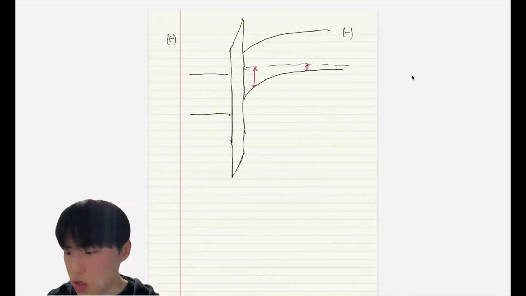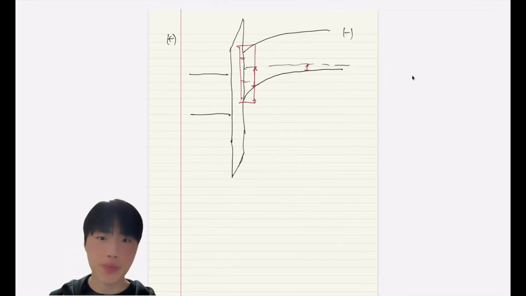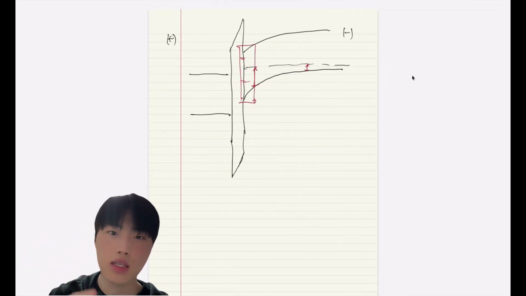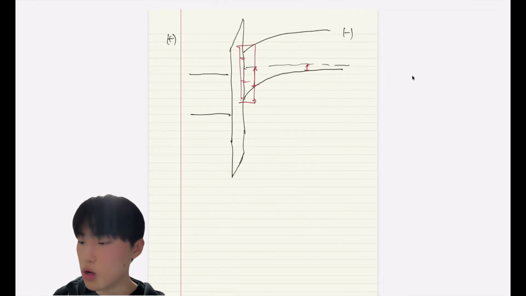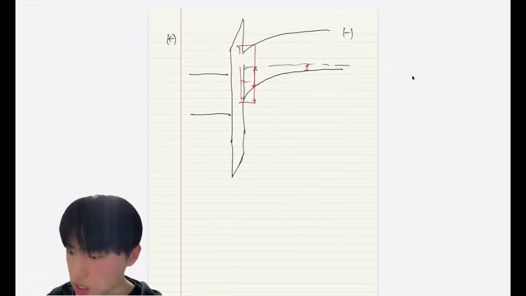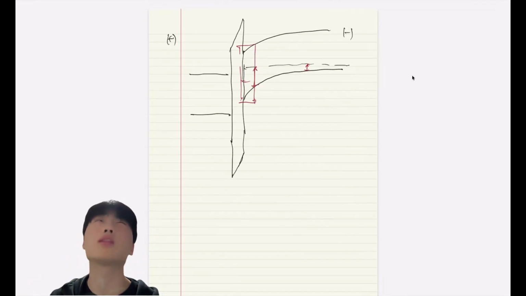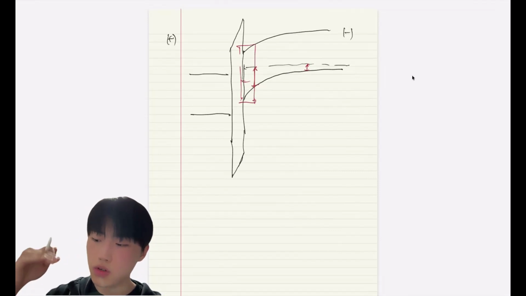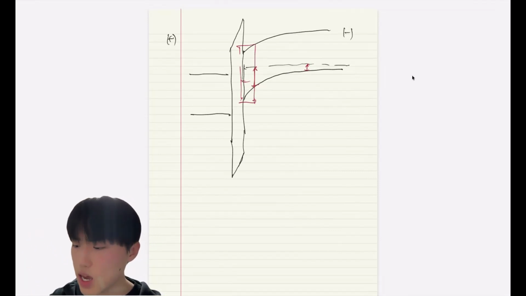But actually these parts are now the same: the difference between the Fermi level and the conduction band and between the Fermi level and the valence band are getting equal. And at this drawing, surprisingly, we can say the Fermi level is closer to the conduction band. So it acts like some kind of n-type semiconductor.